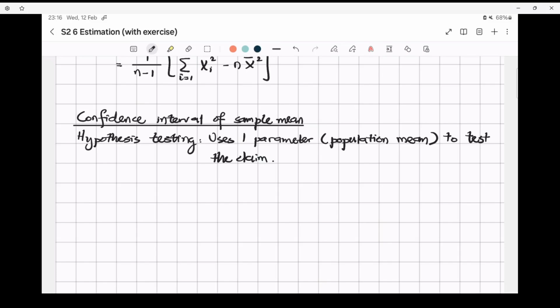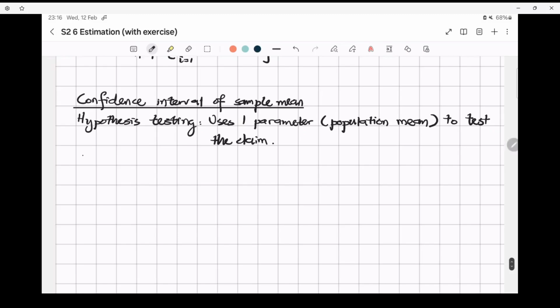So what it means is if you sample your population many times and each time you calculate your confidence interval, you will find that your population mean will fall into that particular interval at a very specific confidence level that you are calculating.